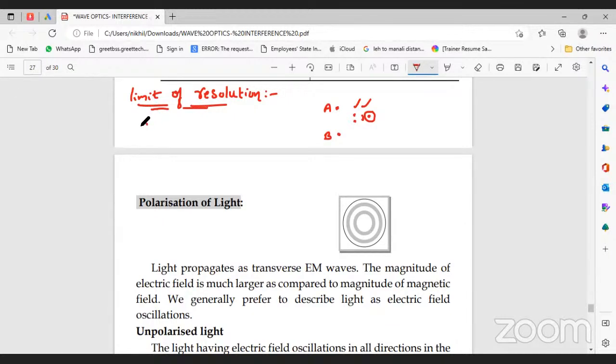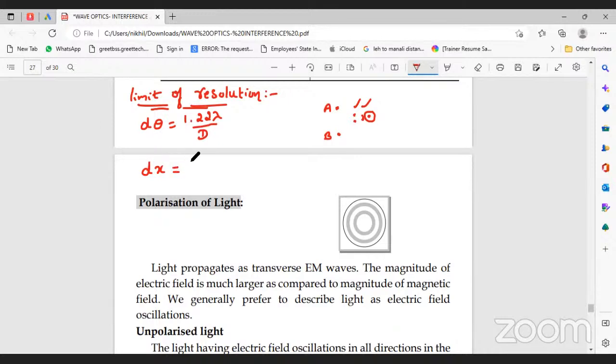That separation may be in the form of angle or it may be linear. If it is an angular separation, it is 1.22 lambda by capital D, where lambda is the wavelength and capital D is the diameter of the objective.